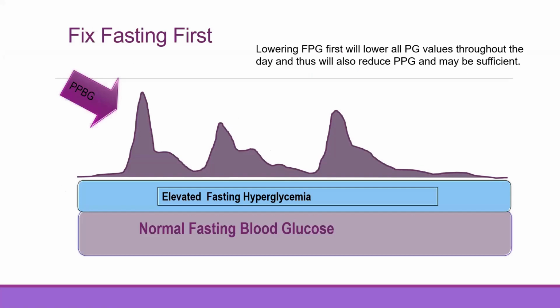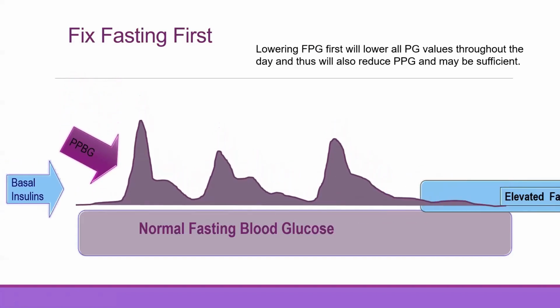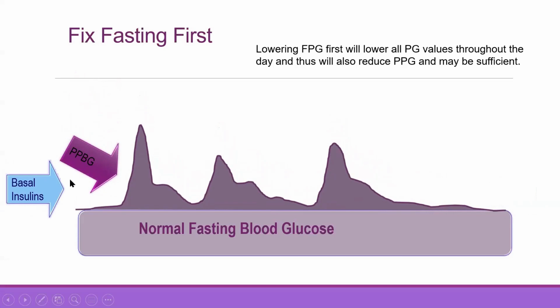So as I've told you, fix the fasting first. So this patient has an elevated fasting plasma glucose, and over and above, they have the breakfast, lunch, and dinner values. Now, if we give a basal insulin, it will reduce the fasting plasma glucose.